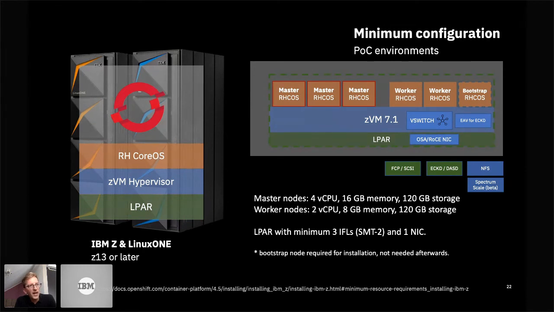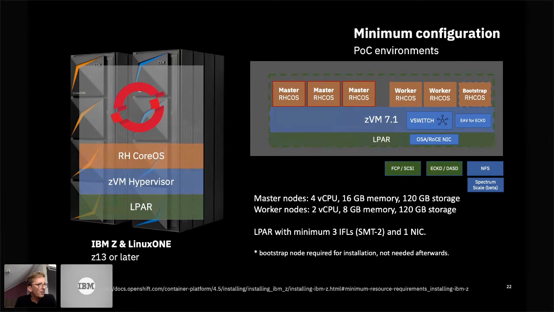You will need a bootstrap node for doing the setup, and after your cluster is up and running, you can remove the bootstrap node. It won't be required for anything, but a good idea is maybe to transform it into a worker node, or you can reuse it to run different infrastructure services like load balancing, DNS, DHCP services, or similar.